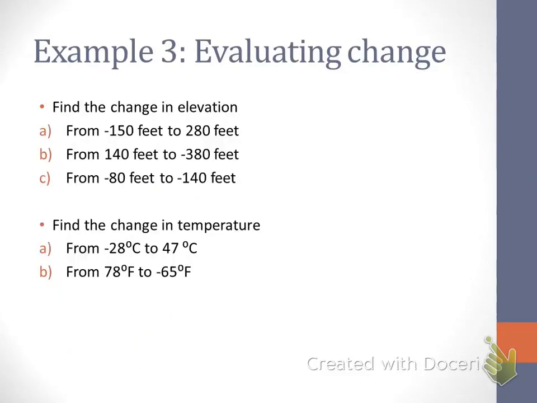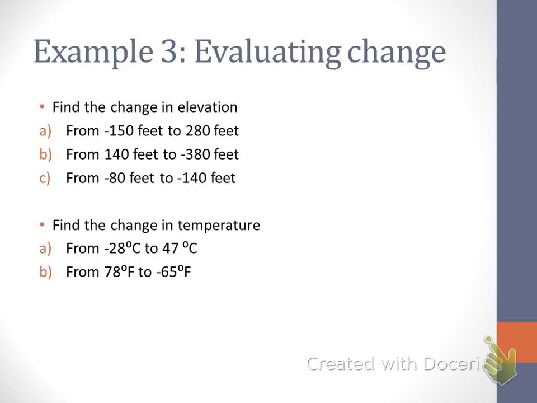All right, so in example 3, we're evaluating change in elevation. Change in elevation and change in temperature are two common changes that we're looking at. I want to find the total change. So when I go from a negative elevation to a positive elevation, I want to think of it in terms of a number line. Okay, so here's 0.